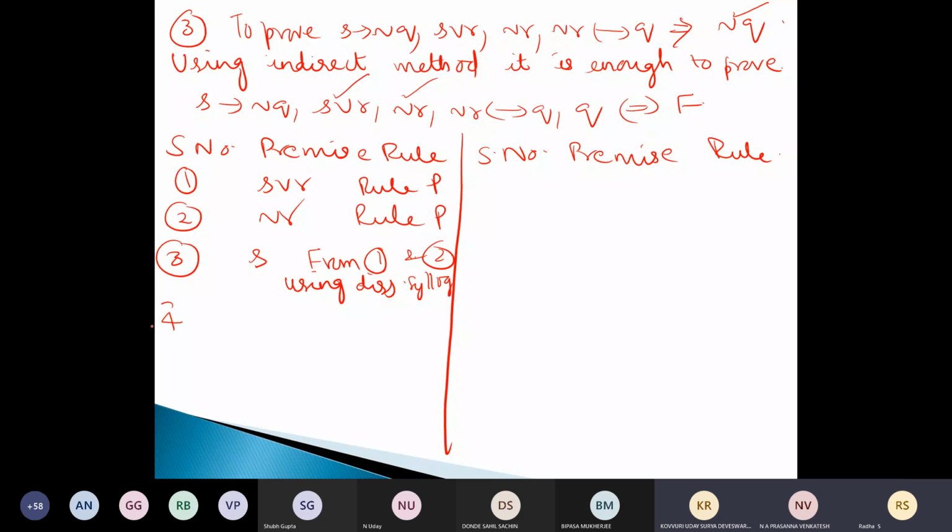Then S implies not Q. Then using 3 and 4, using modus ponens, not Q is true.